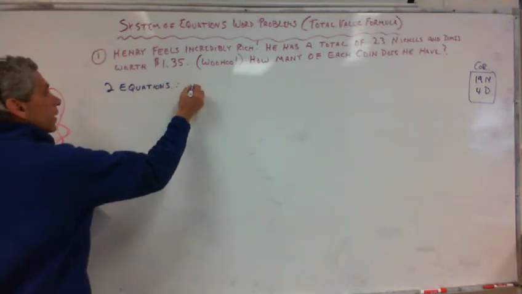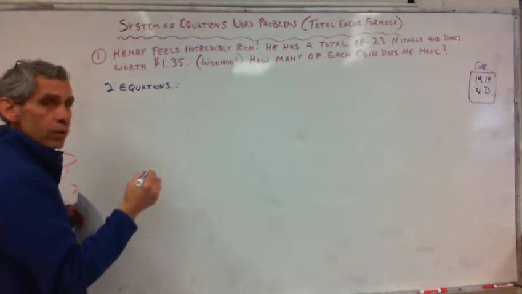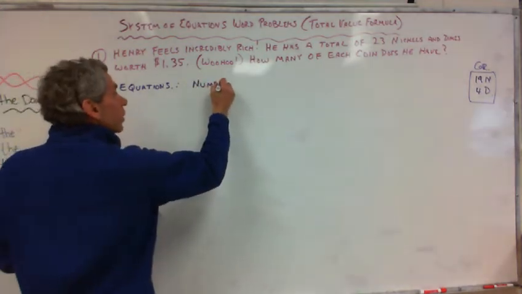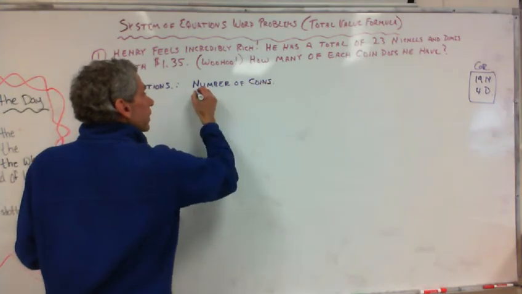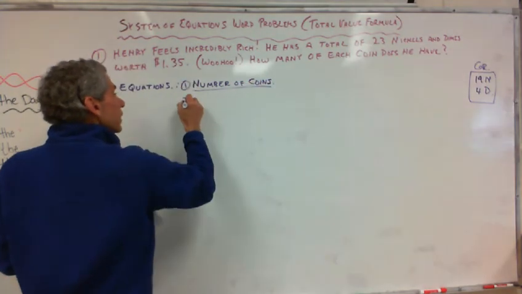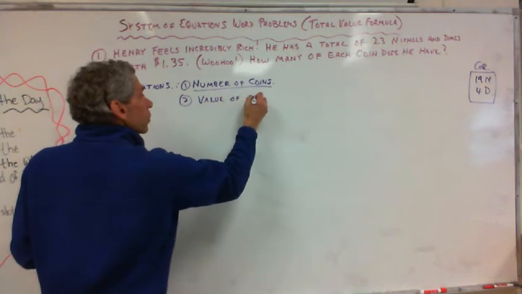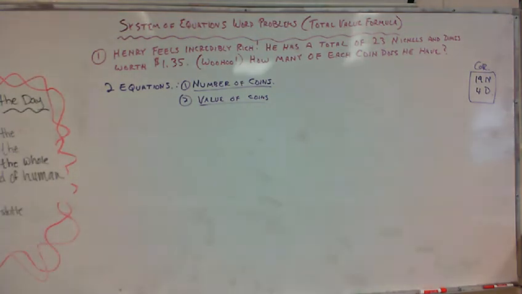The first equation is going to be the number of coins, right? An equation relating the number of coins. That's the first one. And the second one is going to be the value of the coins. So you have 2 equations. One's the number of the coins. The second equation is the value of the coins.